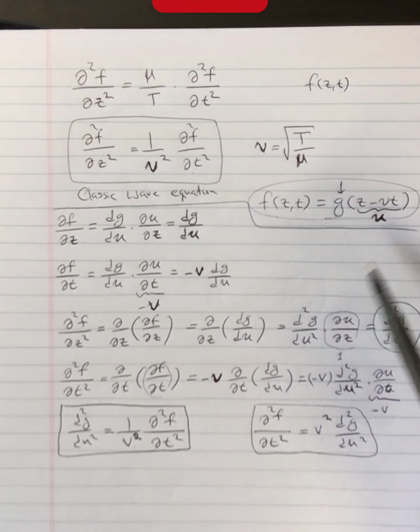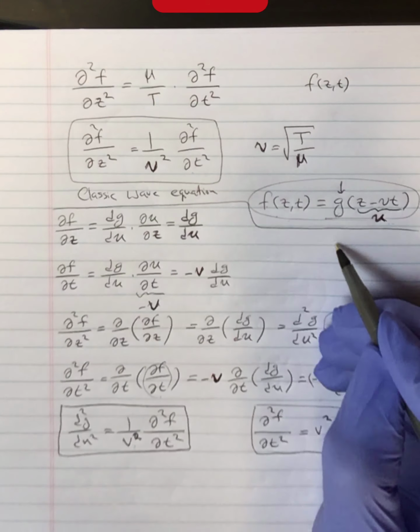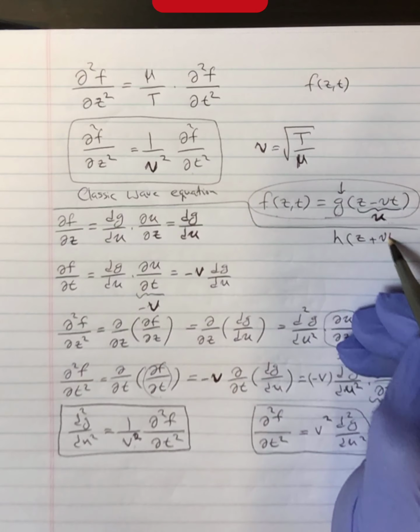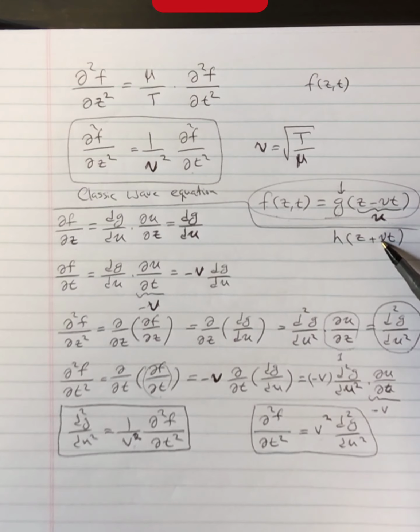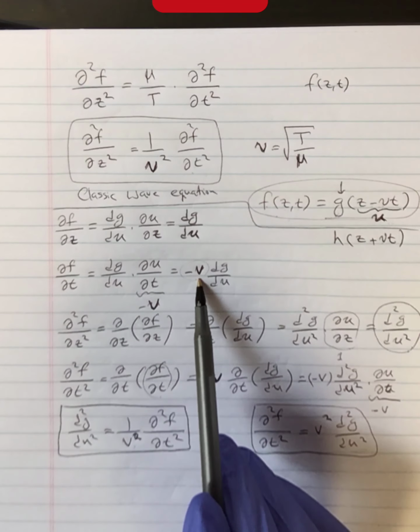Now one small thing here is this. We used z minus vt. What if I had chosen another function h being z plus vt? What would have changed in the whole calculation? Instead of negative v here, I would have had positive v. Here, this would have changed to positive v.